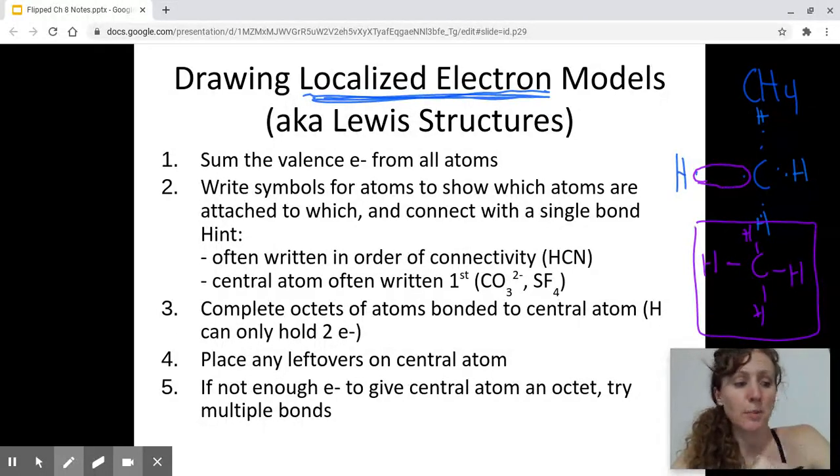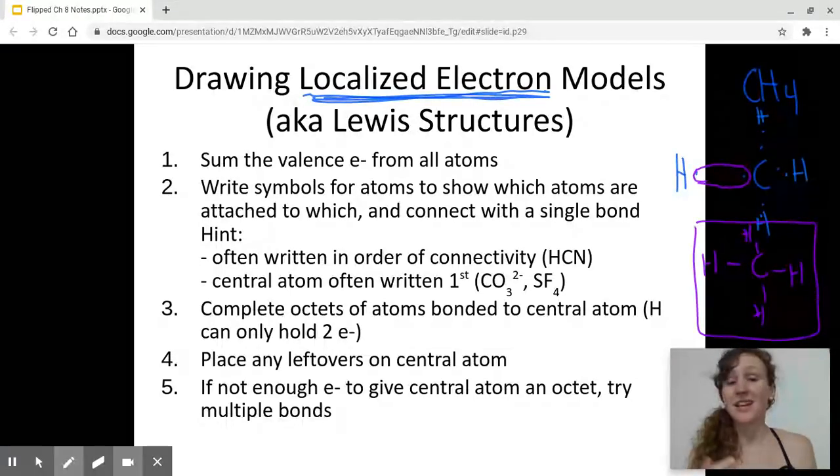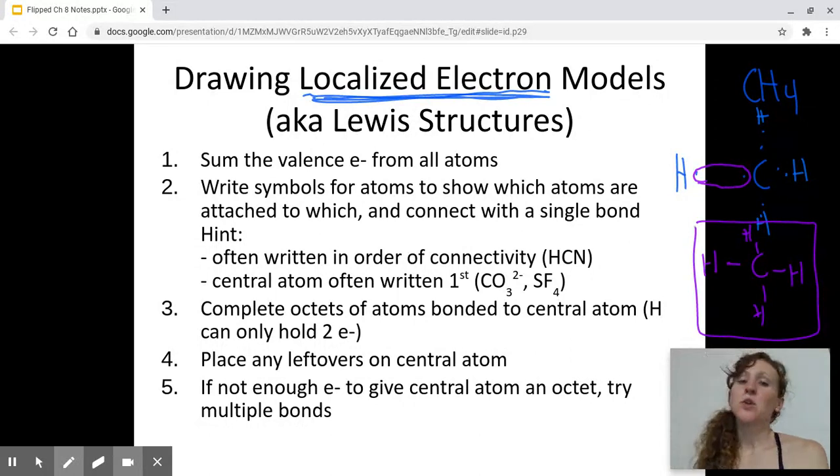They're kind of a co-op where they take all the electrons and they just distribute them where they need them. And so if you're dealing with all of these electrons that get distributed in places where they didn't start, you really can't do Lewis structures like I just showed you with the methane. So we have to learn this new method.